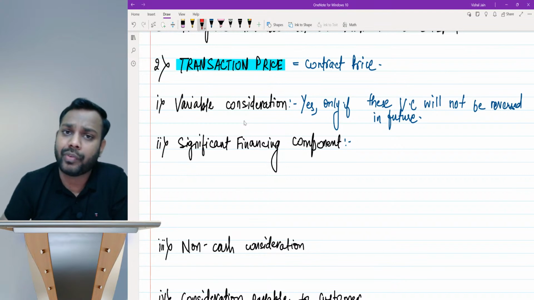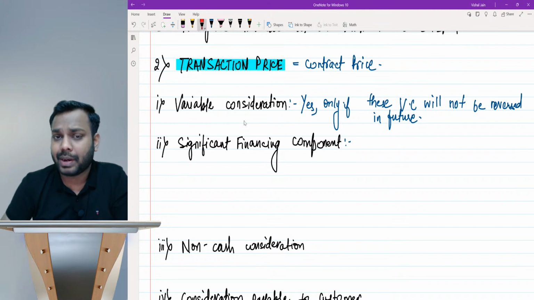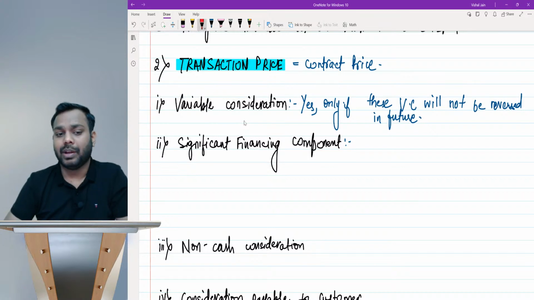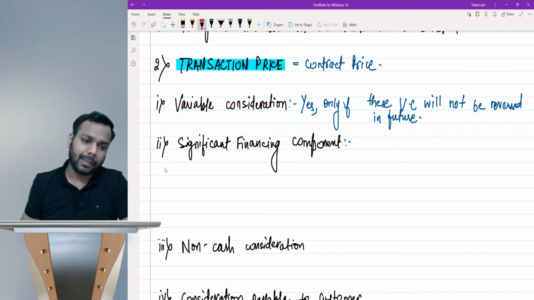Think from the point of view of the entity. The entity has delivered the goods now itself, right? But it will receive the price maybe after a year or so. So in that case, how will that entity recognize revenue? Step 1: determine contractual cash flow.